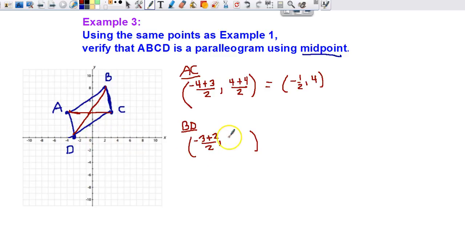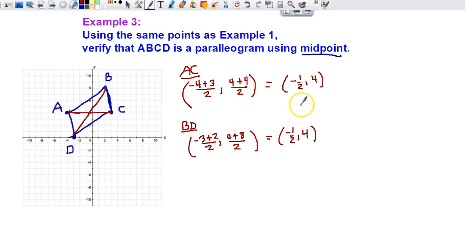And 0 plus 8 divided by 2. Well, negative 3 plus 2 is negative 1. So that's negative 1/2 again. And 0 plus 8 is 8. 8 divided by 2 is 4.